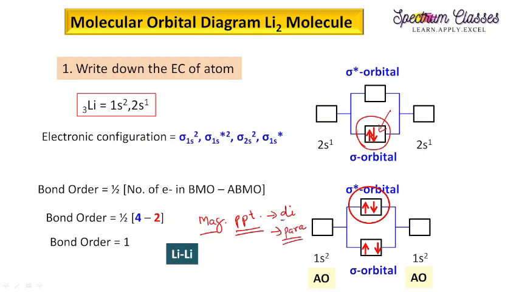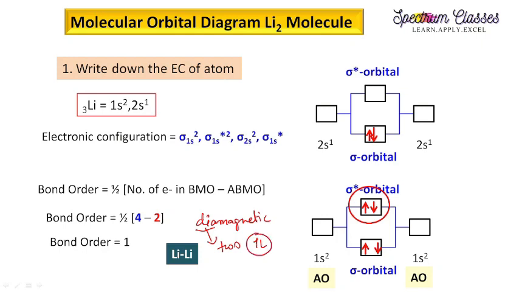Here is a trick: dia means 2, so if paired electrons are there, it is diamagnetic. If an unpaired electron is there, it is called paramagnetic, right? So this is how one can predict the magnetic property. So lithium is diamagnetic in nature.